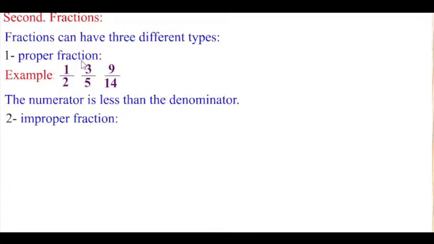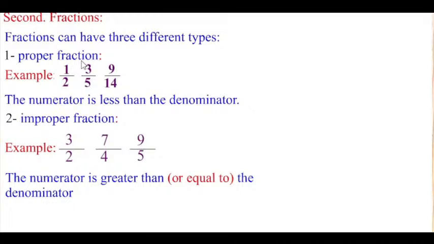Improper fraction. Example, 3 over 2, 7 over 4, and 9 over 5, and so on. The numerator is greater than or equal to the denominator. 3. Mixed fraction. Example, 2 and a half, 3 and a quarter, 5 and 3 over 8.